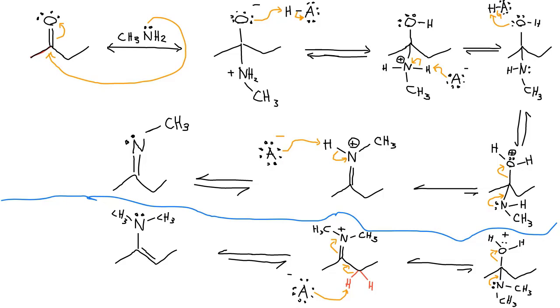This lone pair is not going to be anywhere near as basic as the lone pair on the amine, so this forward reaction is more favored than the reverse one. It doesn't really want to go back. So this is how you'd get the enamine. Cool? Cool. Okay. What else can I help you with?